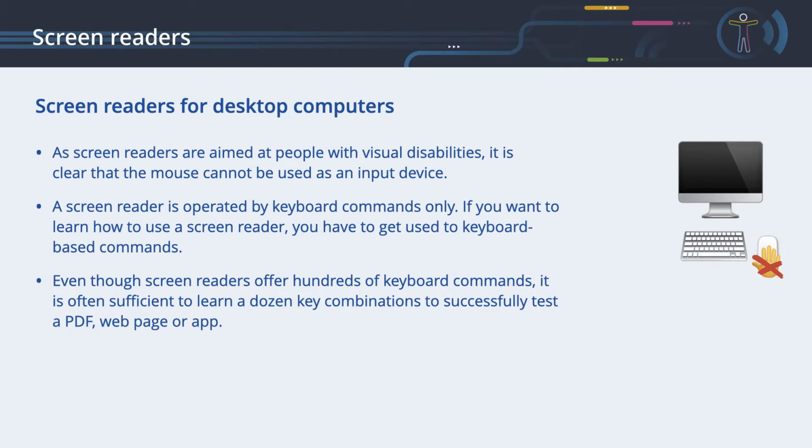A screen reader is operated by keyboard commands only. If you want to learn how to use a screen reader, you have to get used to keyboard-based commands. Even though screen readers offer hundreds of keyboard commands, it is often sufficient to learn a dozen key combinations to successfully test a PDF, web page, or app.